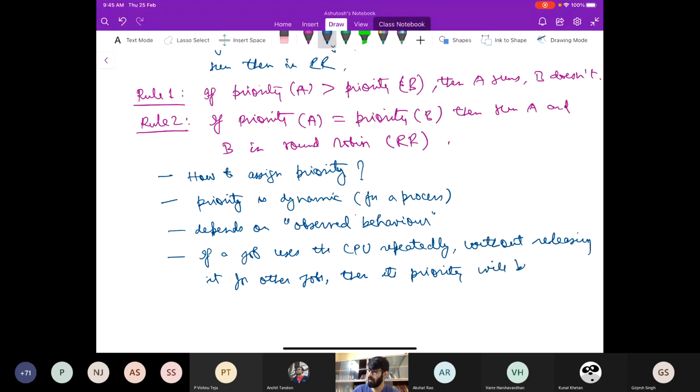These are like bad jobs that use the CPU a bit too much, so their priority will be lowered and they'll not run for the time being. And if a job releases the CPU frequently, then it will get high priority.